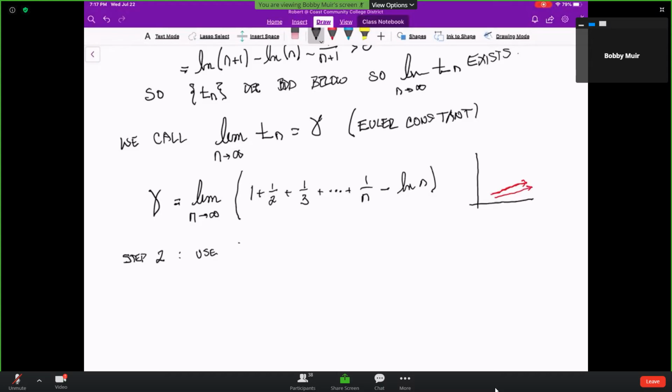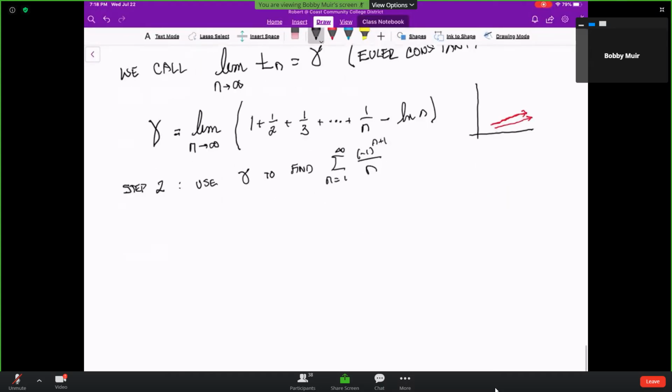Use this to find what this sum is. And it's not a waste of time to figure this out, because this is one of these important series where if you take away the -1, it's going to diverge.